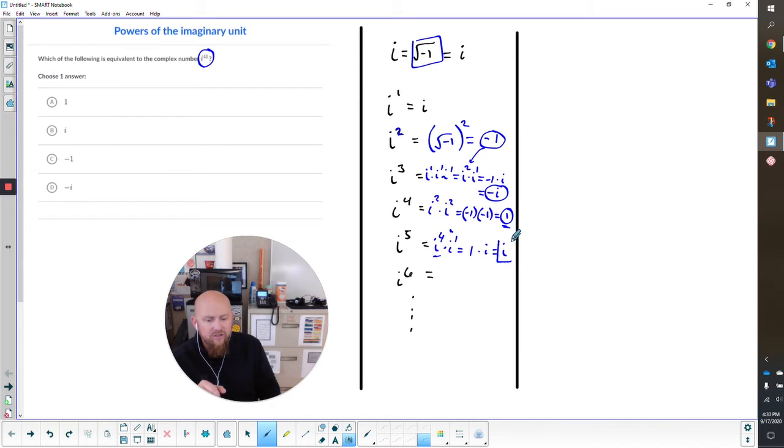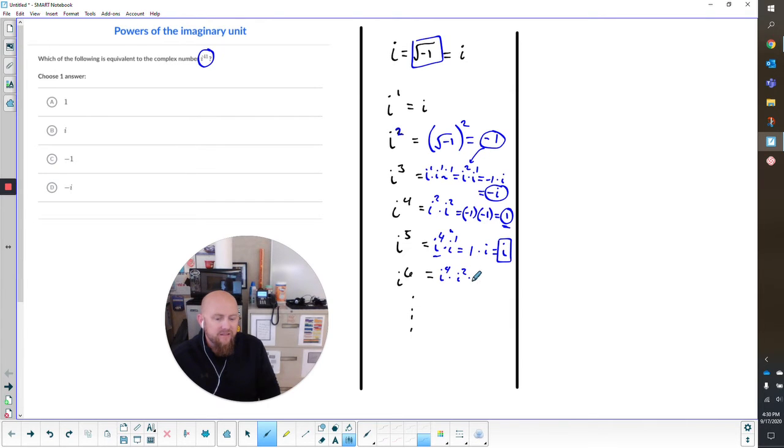Interesting. Well, what if we go on to i to the sixth? It may not be apparent to everybody yet, but again, lots of ways to add up to 6: 2 plus 4, or 3 plus 3. I really like using 4 because it just turns out to be 1. So why don't we say i to the 6 is equivalent to i to the fourth times i to the second.